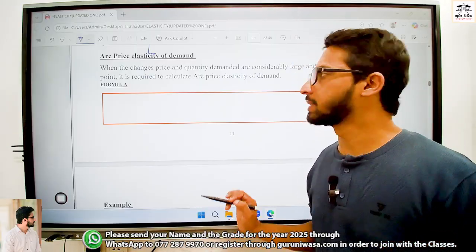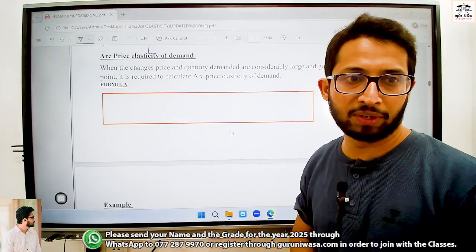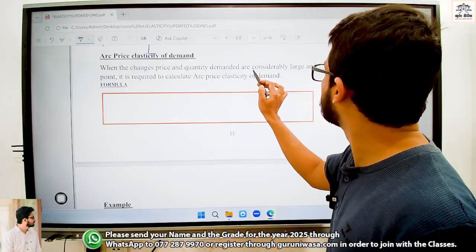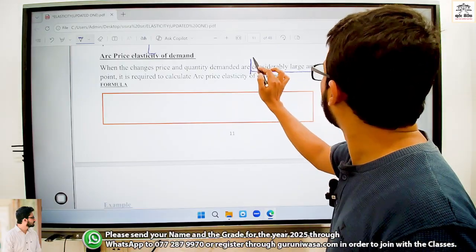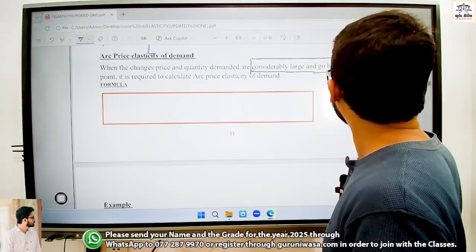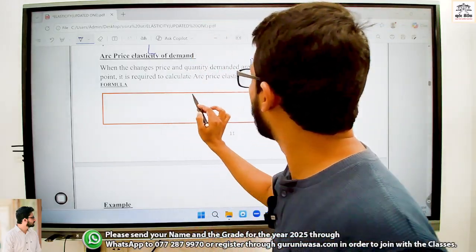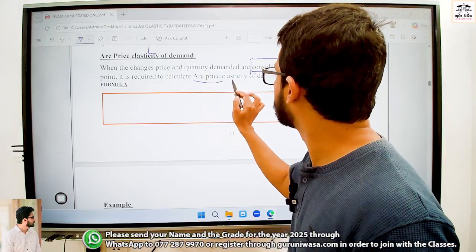Highlight the words considerably large, and go beyond a point. It is required to calculate arc price elasticity.